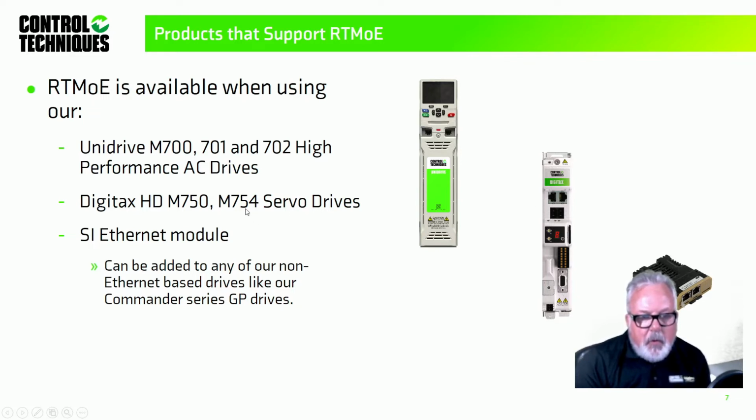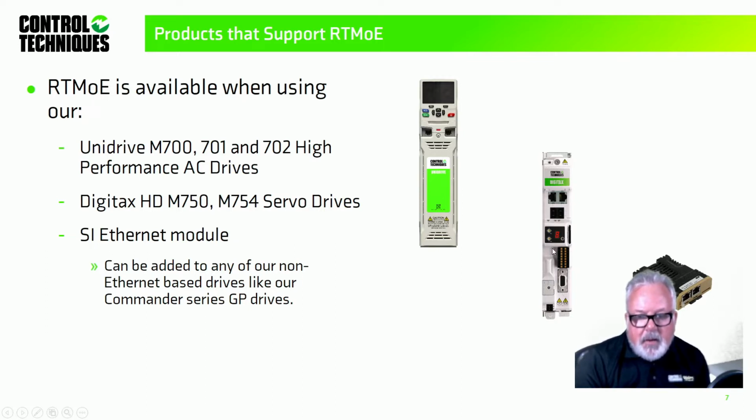The M754 is our newest Digitax drive, and it looks the same. But if you've ever used a Digitax drive before, you know that in order to use any of our expansion modules or application modules, you had to have an adapter and then, of course, the module itself. What the M754 does differently is that our MCI control module is built into the base drive itself.